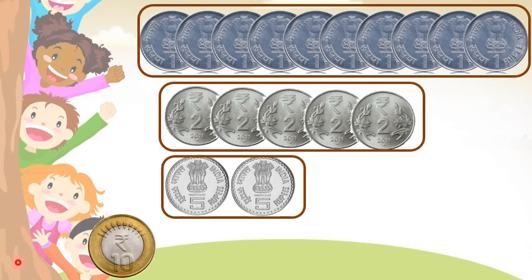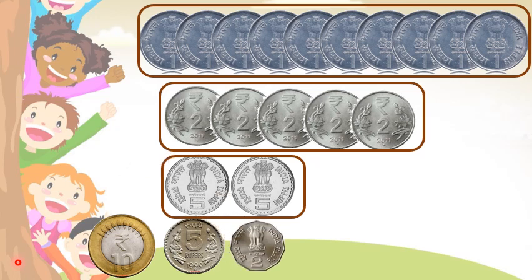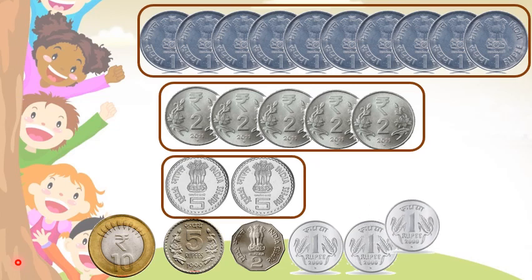Now here Rohan is there. Rohan has all coins, means 5 rupees coins, 2 rupees coins and 1 rupee coin. Isn't it? Now we will see how he will give me the change for rupees 10. Yes teacher, I am going to give you. See here, he gave me rupees 5 1 coin. Then this is coin of 2 rupees, 1 rupee coin, one more 1 rupee coin and one more 1 rupee coin.